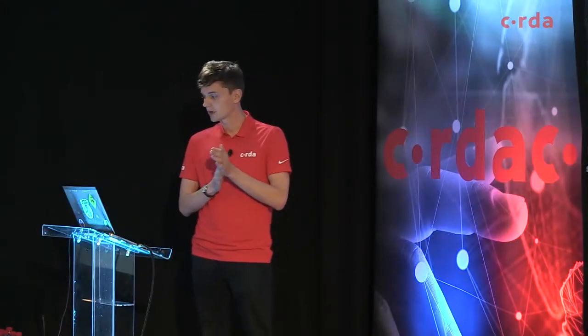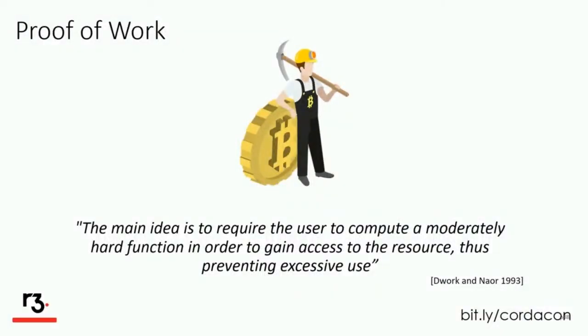So let's talk about proof of work. The general idea is essentially to have a set of participants in consensus, so-called miners, that are racing to solve a difficult puzzle. And whoever solves the puzzle first gets to append the new block of transactions to the chain and collect miner rewards.